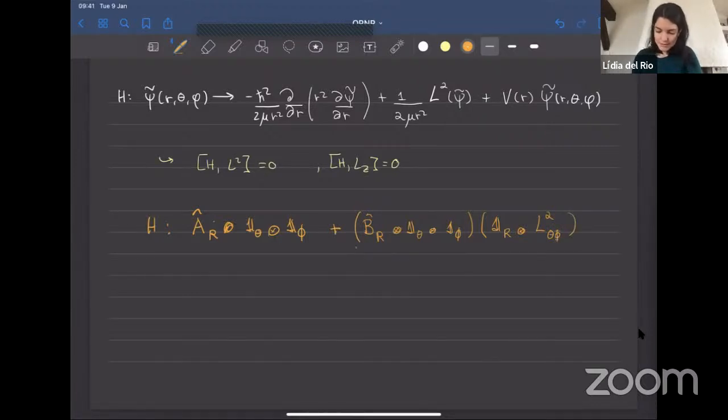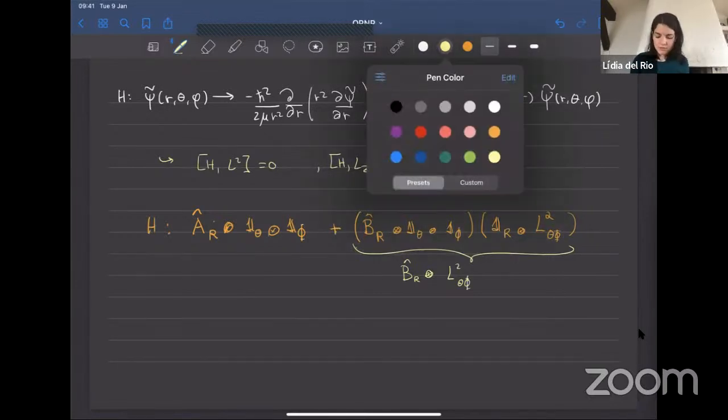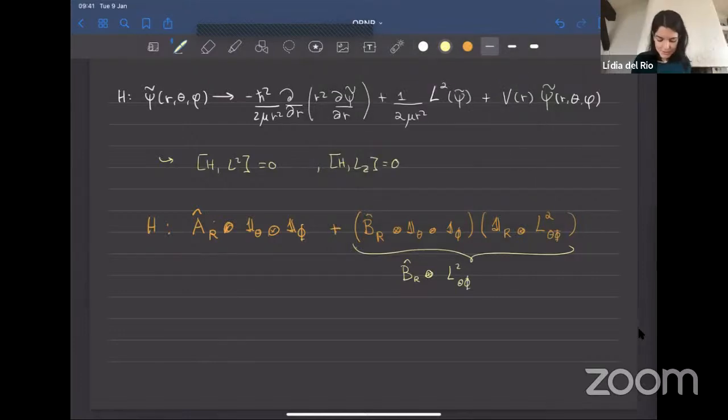And then if you simplify this, if you multiply these two things, then you get just B on R tensor this L squared on theta and phi, right? So we can do this and then say, well, then this obviously commutes with LZ, because LZ, you can also write it as, oh, nothing happens on R, but something happens on theta and phi, and L squared, same thing, right?